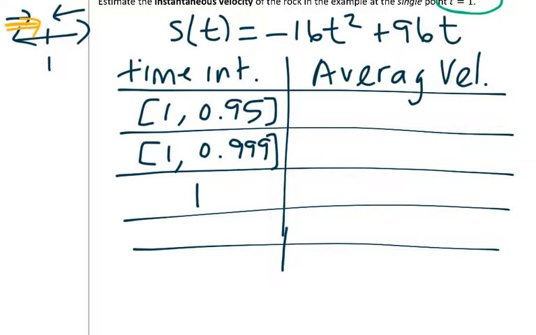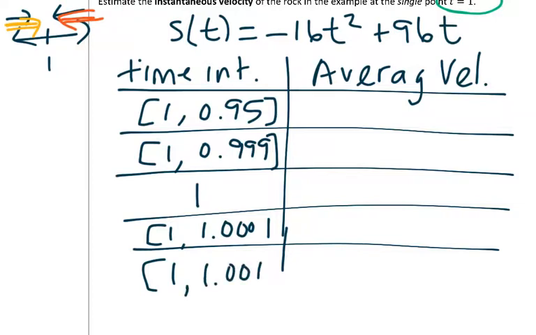And if I think about it coming from the right-hand side, coming from this direction, we need values that are a little bigger than 1. So, I don't know, we could do 1.0001, that's very close to 1. And kind of see what happens in this sense.